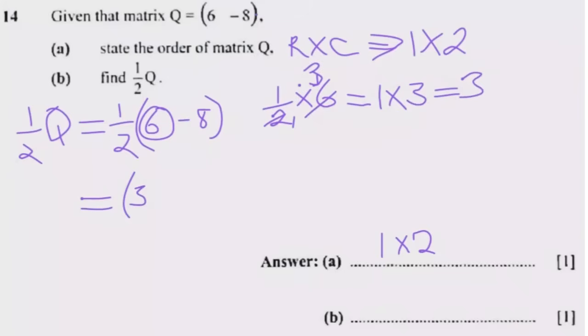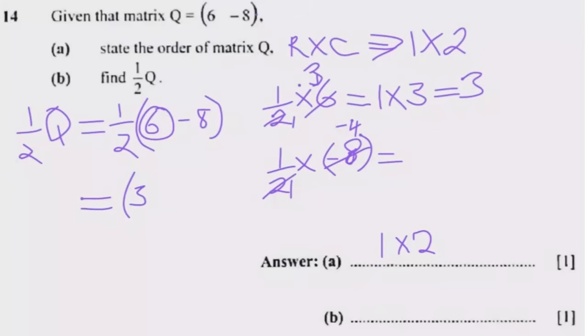Then the next one, we say 1 over 2 times negative 8, close bracket, equal to. 2 into 2 is 1. 2 into negative 8 will go negative 4.